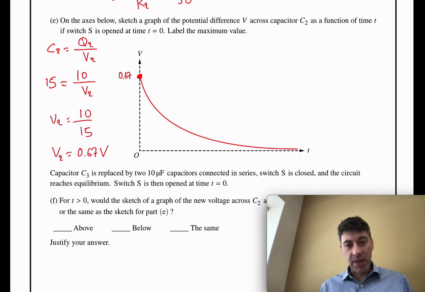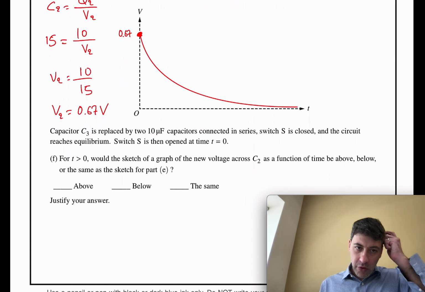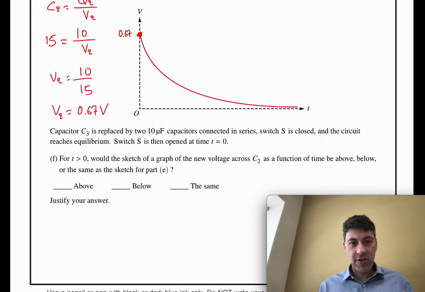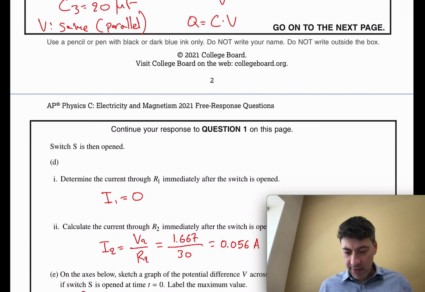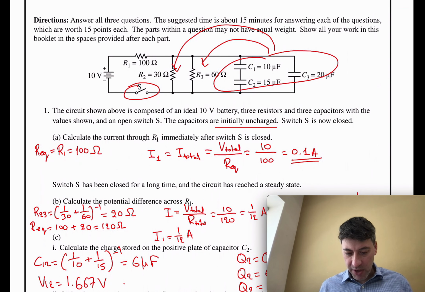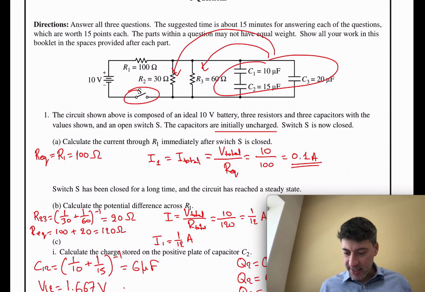And then we open the switch again, so the capacitors will discharge, and for the time that it is greater than 0, would the sketch of the graph be above, below, or the same as the previous sketch? Basically, we need to see how the capacitor will be discharging, if it will be discharging more rapidly, less rapidly, or in the same way. Now, I believe that the voltage will be the same, the initial voltage. The initial voltage only depends on the battery and the resistors.